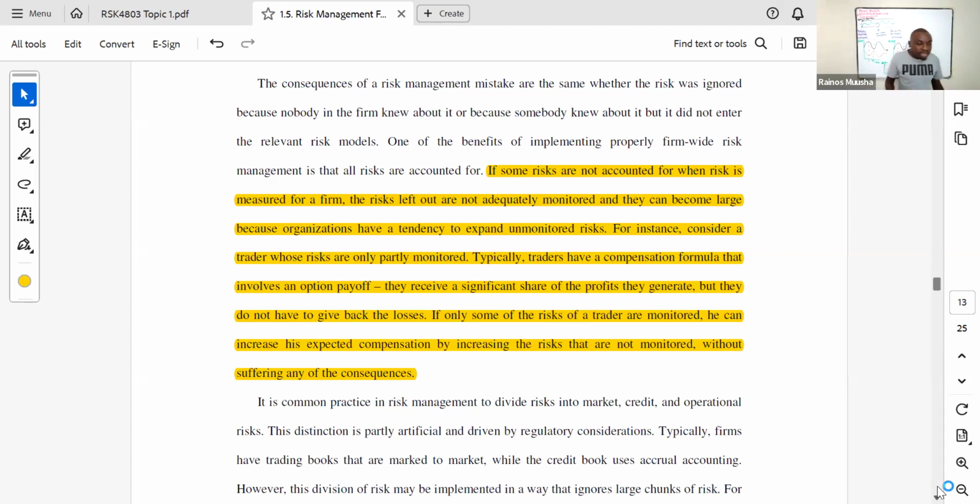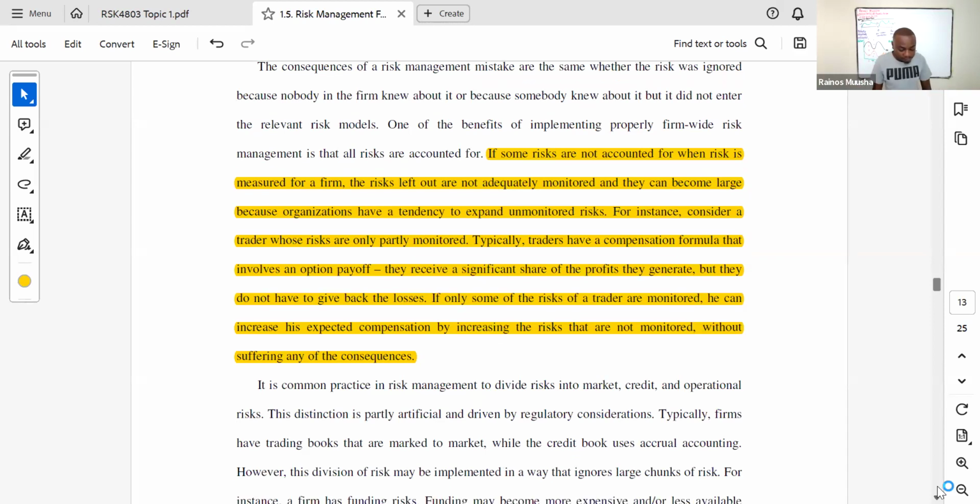Mainly because a trader can end up saying, if I'm going to be monitored on these particular risks, but not on these other risks, they are now going to be trading instruments with risk exposures which are not monitored. Because of that, their risk levels end up being higher than what is supposed to be the risk levels within the overall organization, which basically means that if losses happen, they don't suffer the loss, but if they make a gain, they are the ones who are going to be paid the bonus as well.